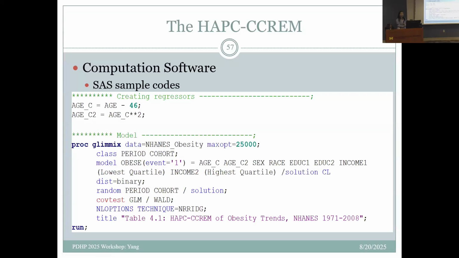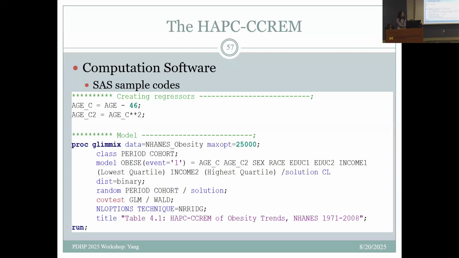The model statement is basically the equation written out: it lays out all the fixed effects variables, with distribution binary. The random statement is where you specify the random effect. There are 2 ways of writing the random statement. One is the abbreviated way, because it's a simple random intercept: I just put period and cohort directly in there. Alternatively, you can be more true to your equation and write out random intercept period, random intercept cohort, and they're the same.